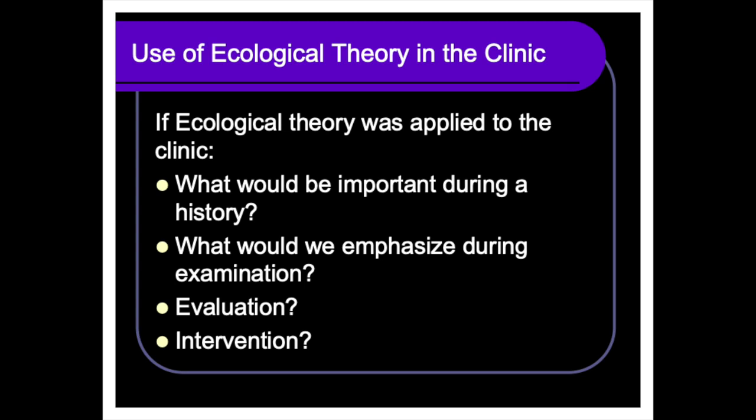All right, so if we think about the application of ecological theory to physical therapy practice, and we start with history, some things that are going to be important for us in history is, of course, we want the sensory systems to be healthy and be able to give us accurate perceptions. And we want to look at how much experience potentially you've had with a specific motor behavior.